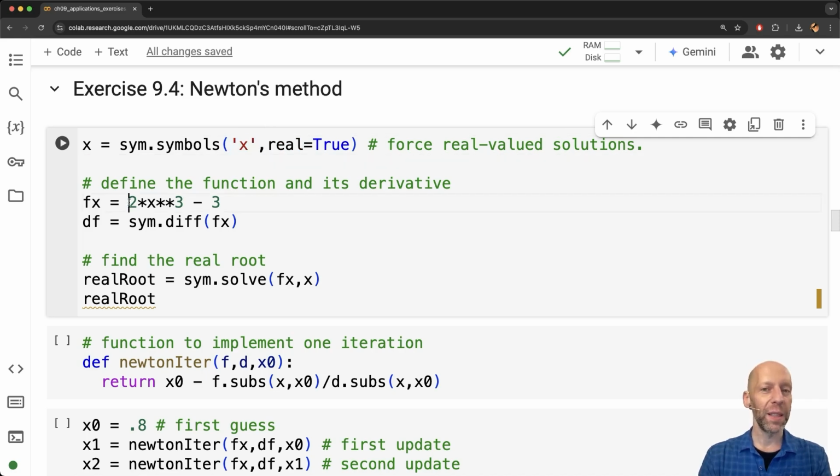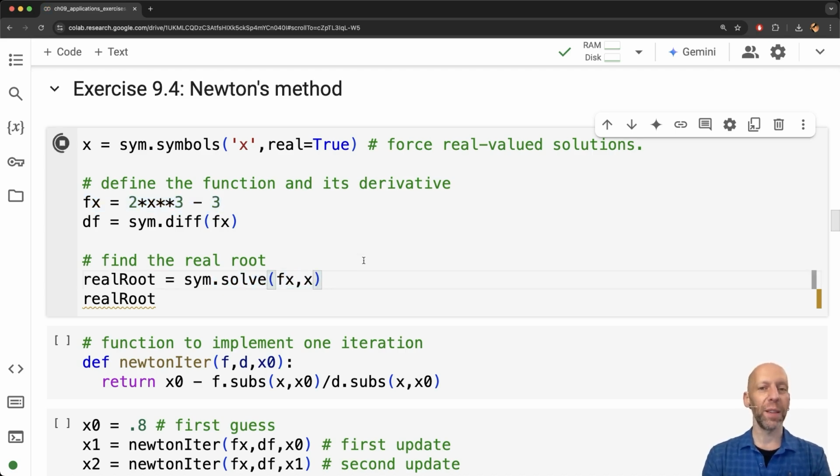All right, here is the function, and here is the derivative of that function. Now remember, I've said this many times. This is what we are trying to solve. Implicitly, what we do is set up this equation here. Okay, so we subtract the right-hand side from both sides of the equation, and we have a function that is implicitly set to 0, which is how I use sym.solve.